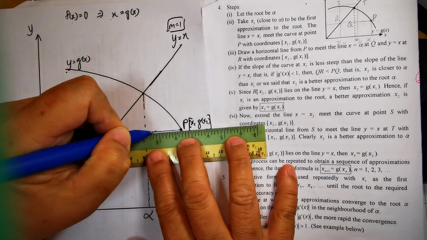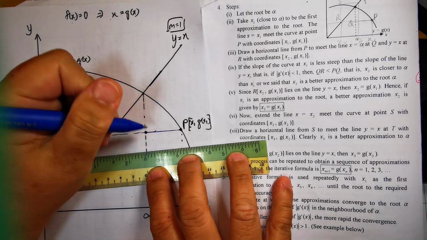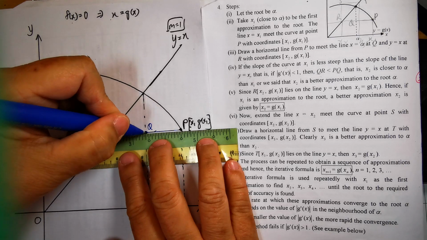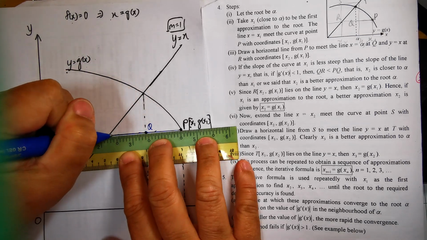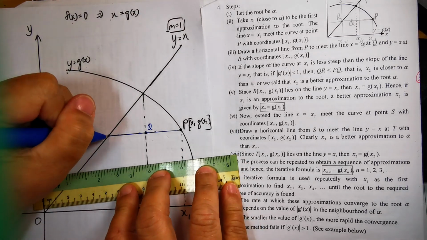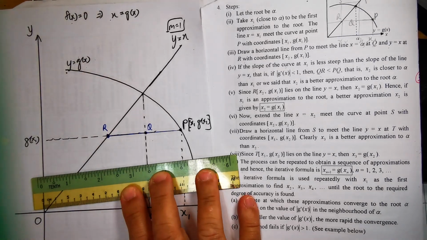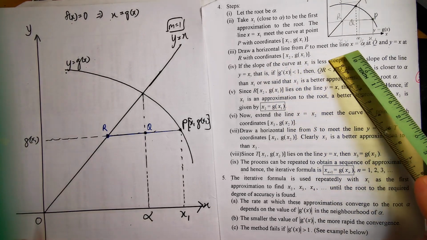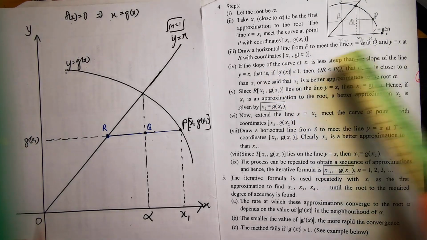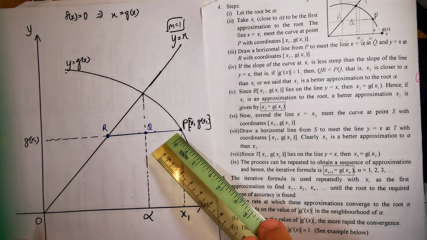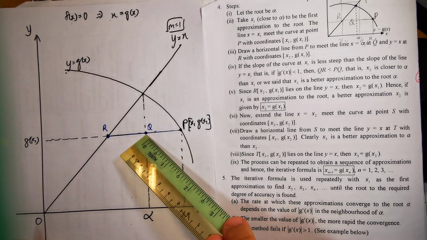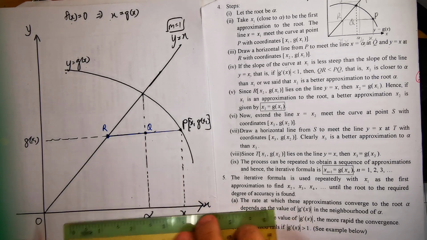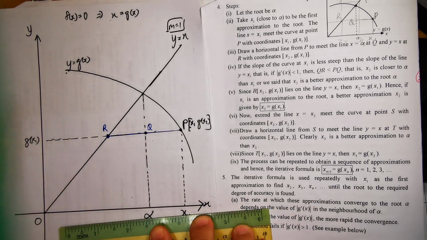We meet this line at point Q. Then we extend this line and meet the line y equals x at point R. Like this, from P horizontal to meet x equals alpha at Q, and continue to meet y equals x at R. So what is the coordinate of this point R?